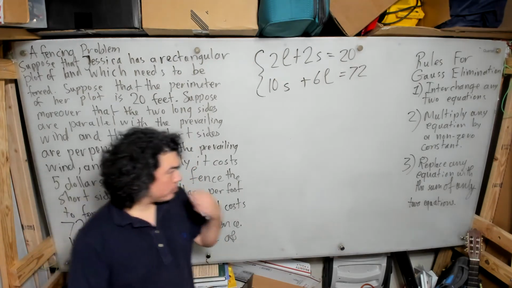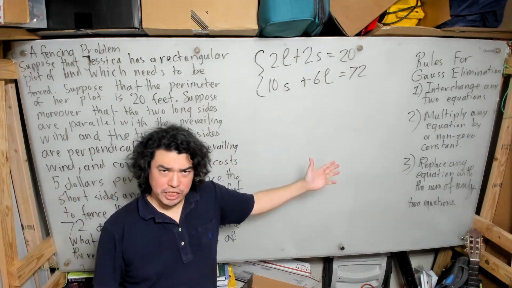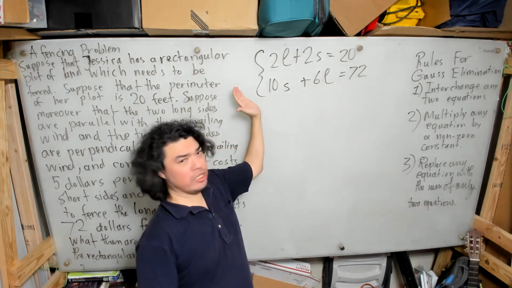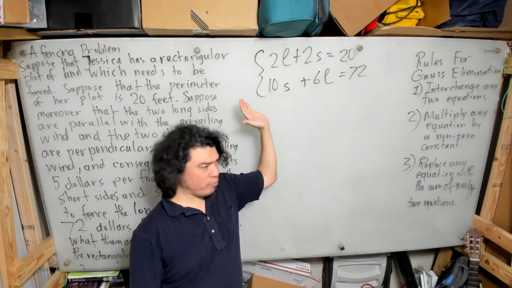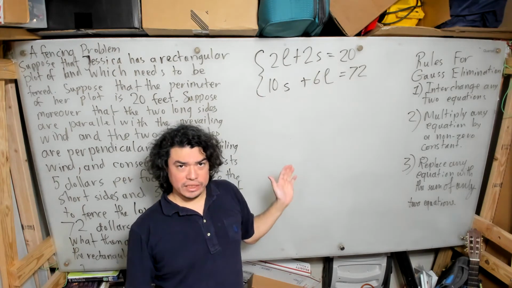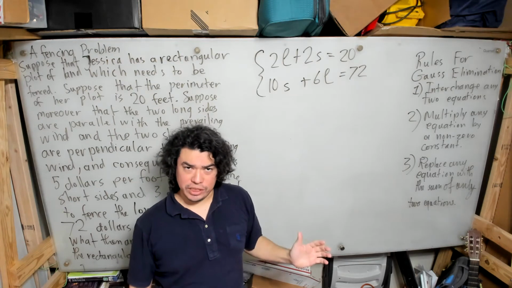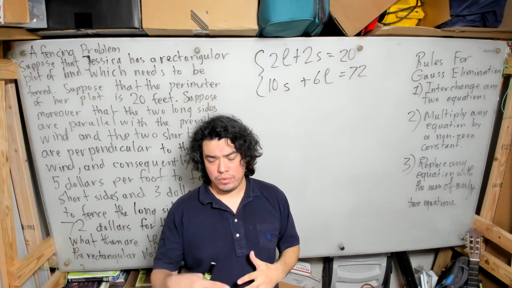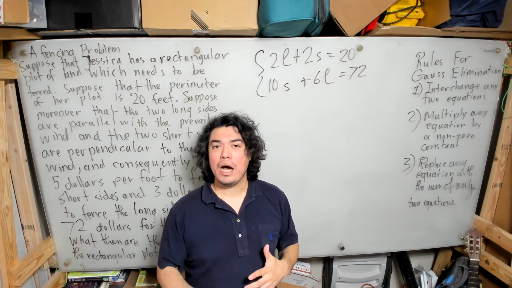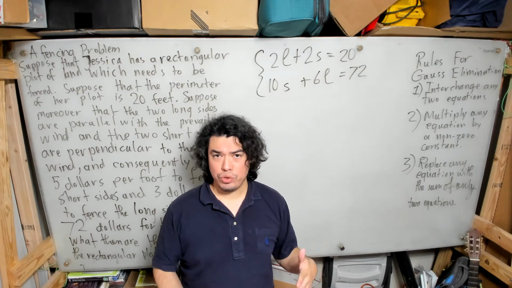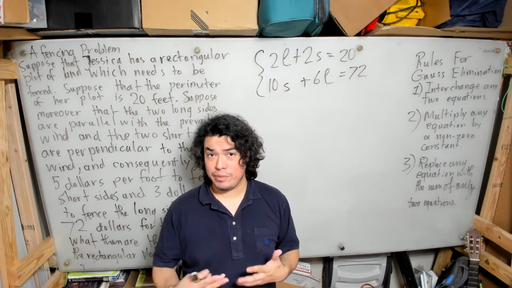Basically, Gauss elimination is a way of transforming a given linear system, such as the one that we got from Jessica's fencing problem, into an equivalent system, that is a linear system with the same solution set, but in such a way that it brings us closer to a solution.